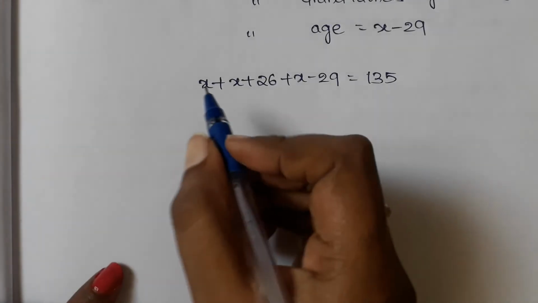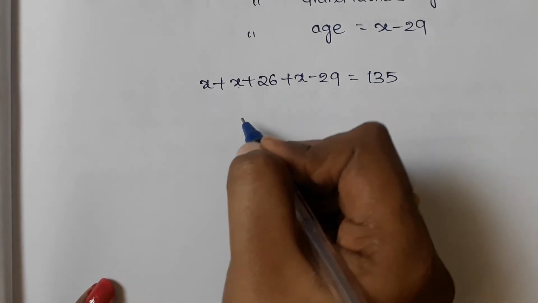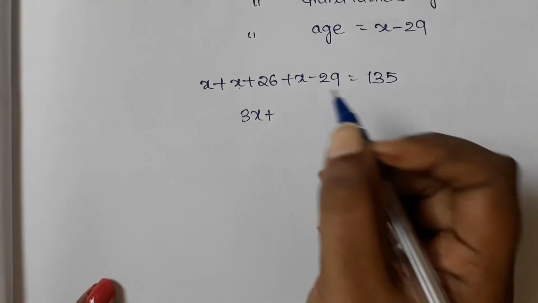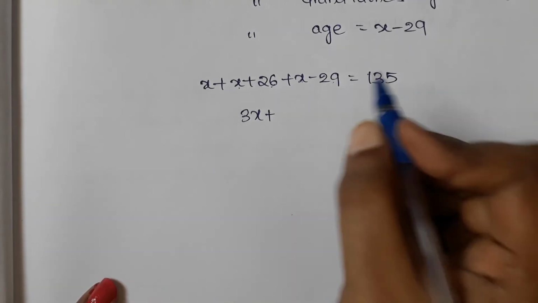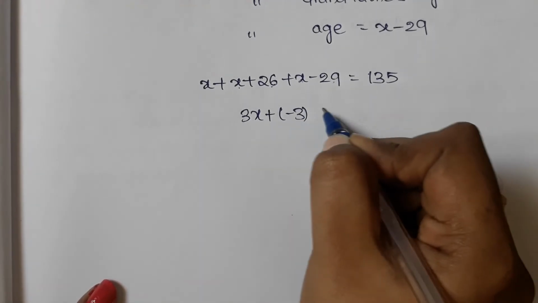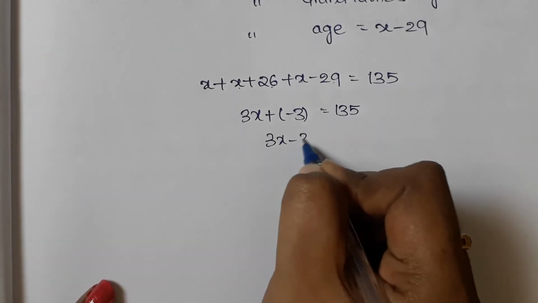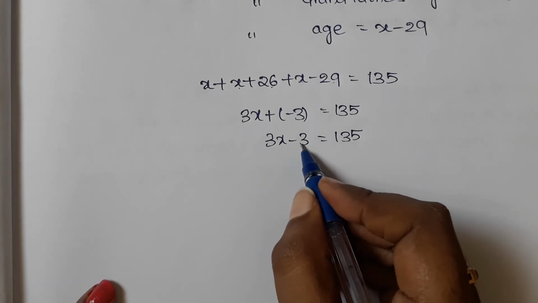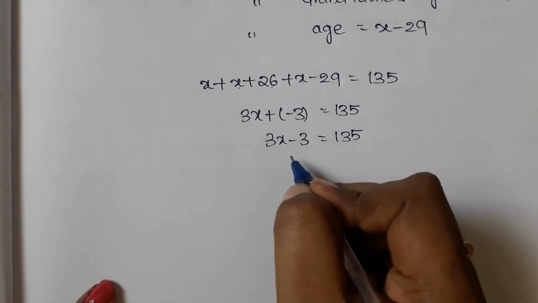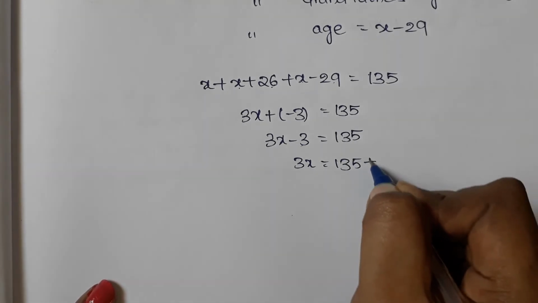Now x plus x plus x, that is 3x, plus 26 minus 29 equals minus 3, that equals 135. That is 3x minus 3 equals 135. This minus 3 is to be transposed to the RHS, that is 3x equals 135 plus 3.